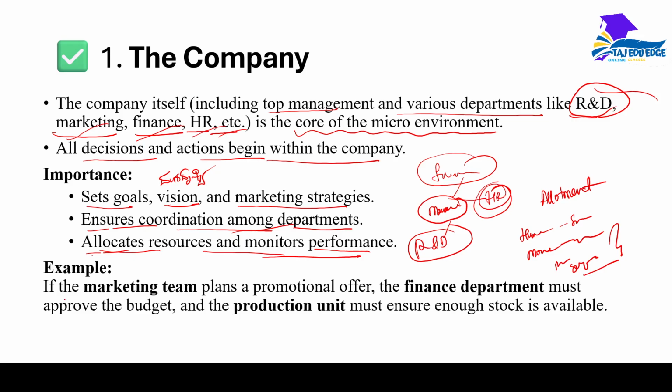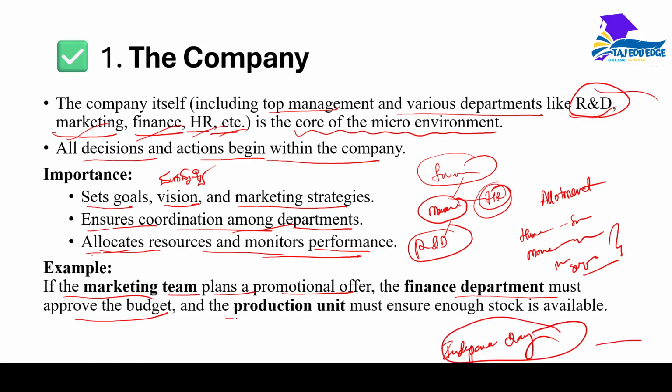Example, let's say your company is selling mobile phones, and the marketing team plans a promotional offer for this Independence Day. Now the finance department must first approve the budget for those Independence Day promotional offers.